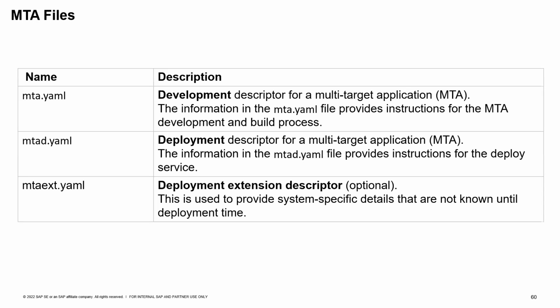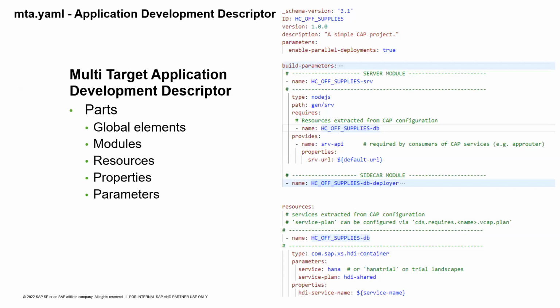So we will be discussing in detail the development descriptor called the mta.yaml file in the next slides. The MTA development descriptor, as you can see, contains these five parts. First is the global element.